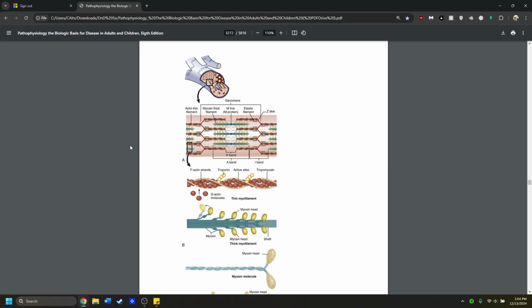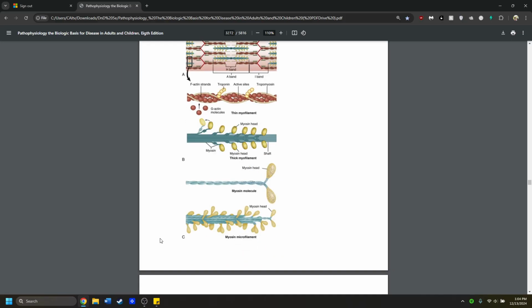Your F-actin strands, your troponin, which is that fun cardiac enzyme release, your active sites, your tropomyosin, your G-actin molecules, your thin myofilament, the myosin head, the shaft, thick myofilament, myosin molecule.